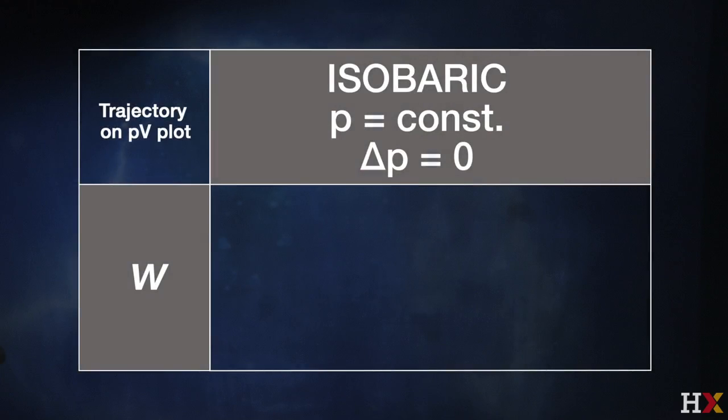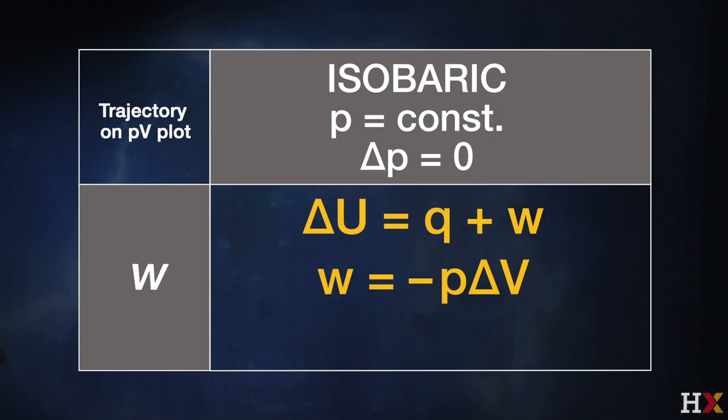Isobaric, pressure equals constant. So I have Q plus the work term. But I know that the work term is equal to minus P times the change in volume at constant pressure. But that's simply equal to minus nR delta T, because I've simply put in the perfect gas law for P delta V. So that was straightforward.